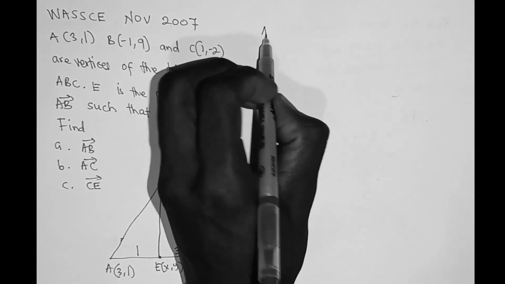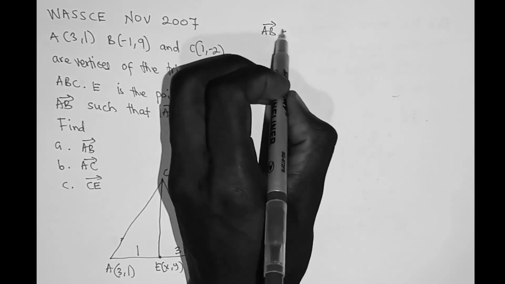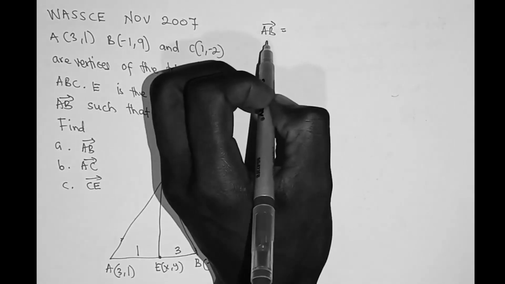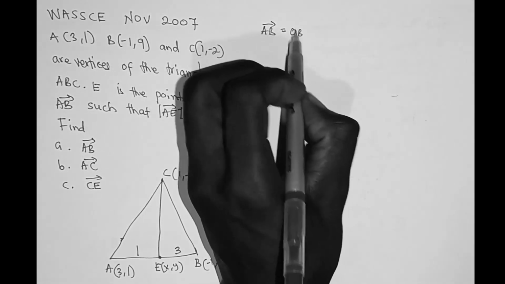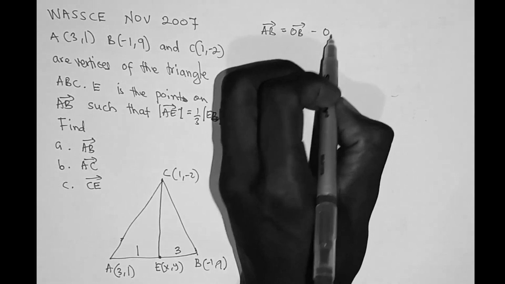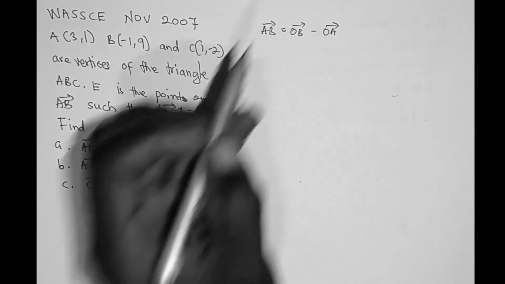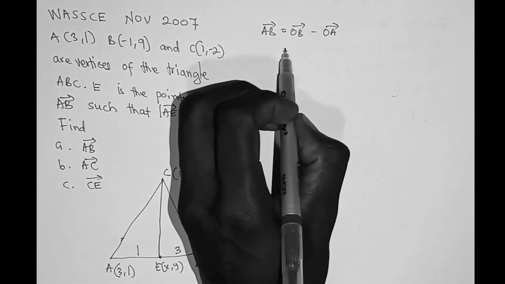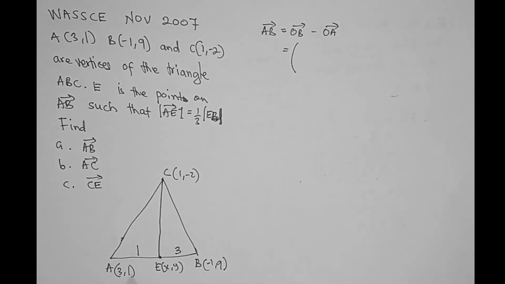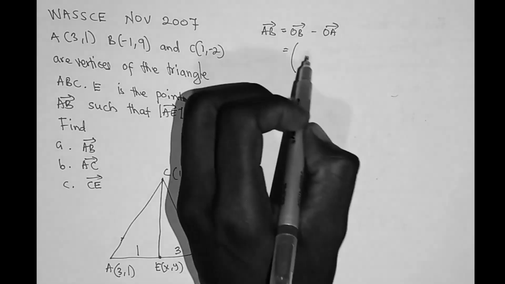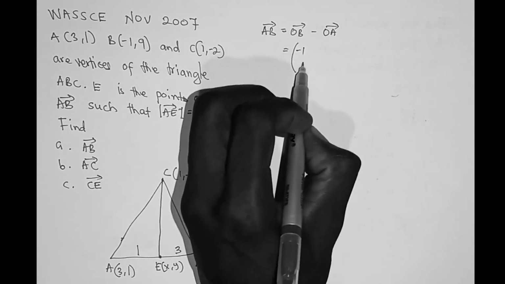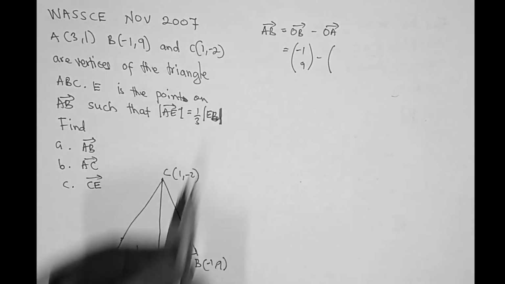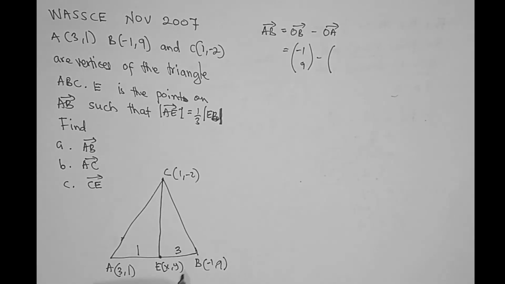What is vector AB? Vector AB equals position vector OB minus position vector OA. So what is the position vector OB? OB is -1 and 9 minus position vector OA, and then OA is 3 and 1.